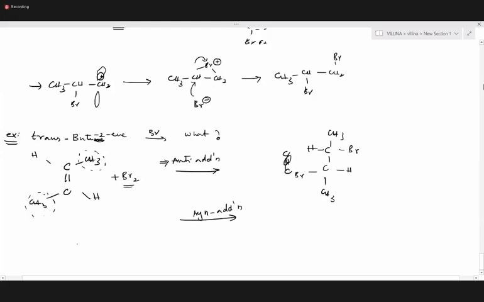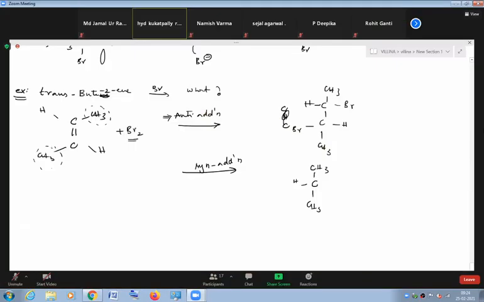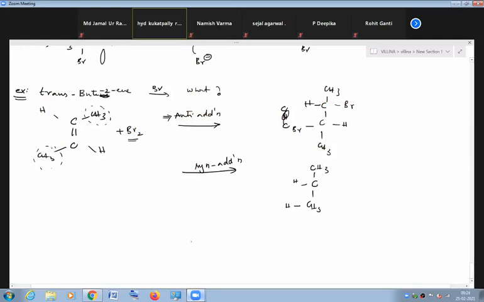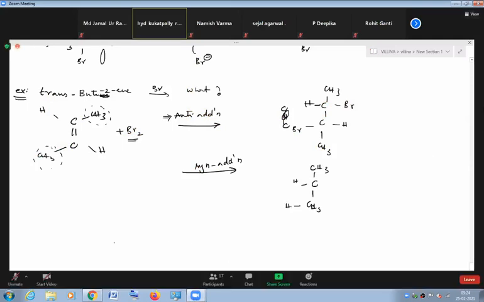So we have a meso compound. CH3, CH3, both the hydrogens will be on one side. Hydrogen, CH3, bromine and CH3.